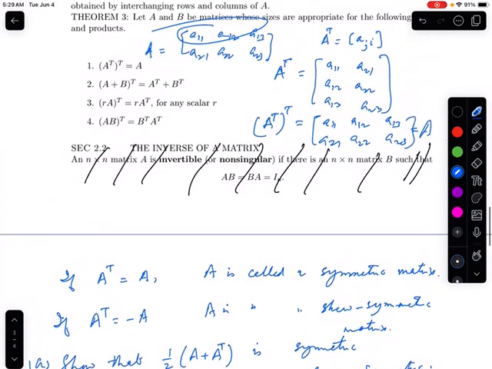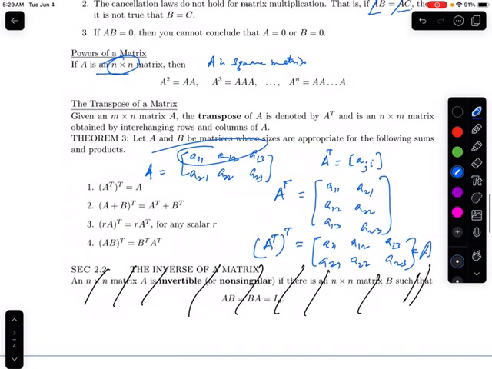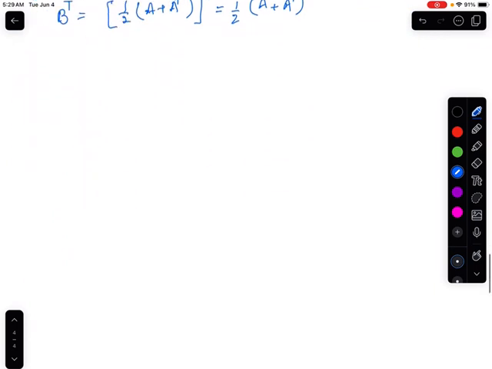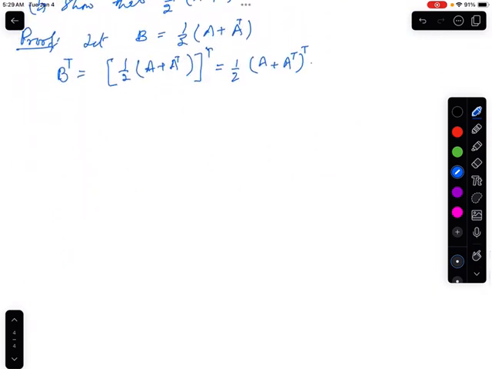And then by the second property here, the transpose of a sum of two matrices is the sum of the transposes of the two matrices. So this can now be written as 1/2, maybe I should write it like this.